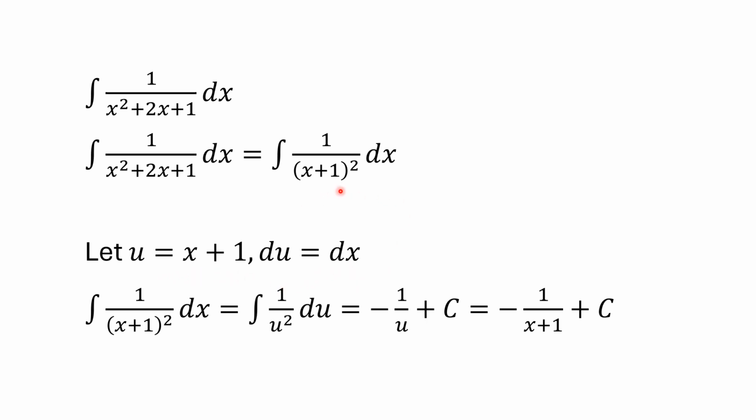Once we get it into this form, we can see 1 over u squared du, and it works out real well. So this is going to be u to the minus first power, and that times negative 1. So this is negative 1 over u plus c, or negative 1 over x plus 1 plus c.